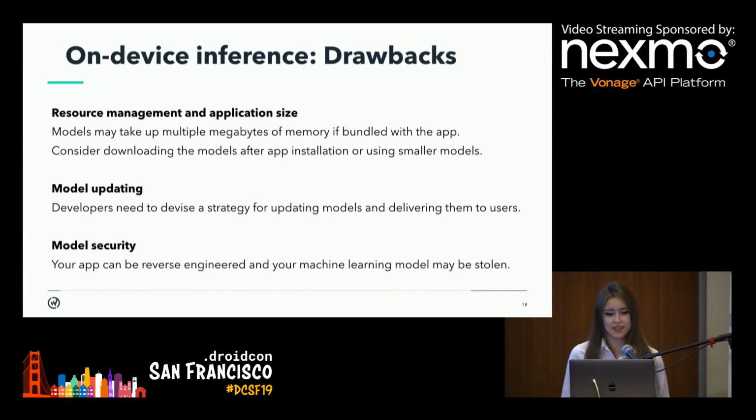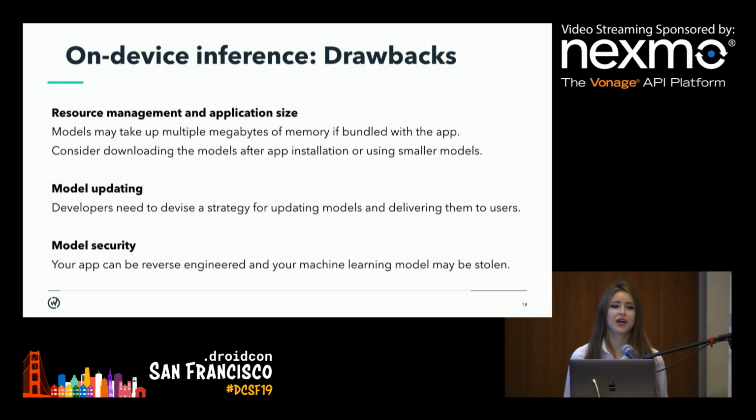Other drawbacks are that certain models can take multiple megabytes of memory if they're bundled with the app. In order to mitigate that, we can download the model after app installation or just try to use a smaller model. Then we should also think about how we're going to update our machine learning model. So say, for example, we have a flaw and we need to push a fix out urgently to the users.